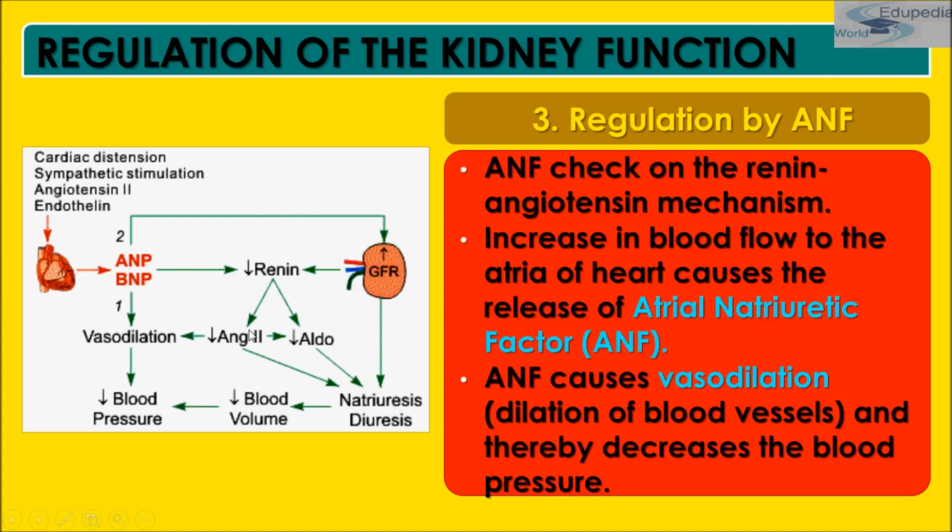As a result, secretion of aldosterone is reduced, causing reduction in reabsorption of Na+ and Cl-, and it also causes increased excretion of water and Na+ through urine, which we call natriuresis, and hence the name of the hormone is atrial natriuretic factor. This causes decrease in blood volume, and hence the blood pressure is decreased. So this is how three hormones help in the regulation or maintenance of osmoregulation.